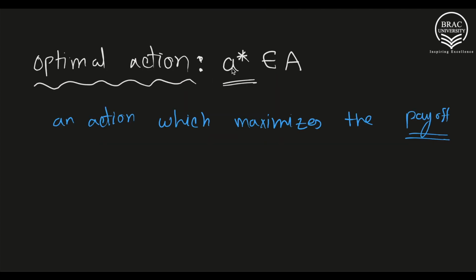So mathematically we can write: an optimal action A star, which belongs to the action set, is an action such that the payoff of that action is greater than or equal to the payoff of any action A, for all A belonging to the action set.